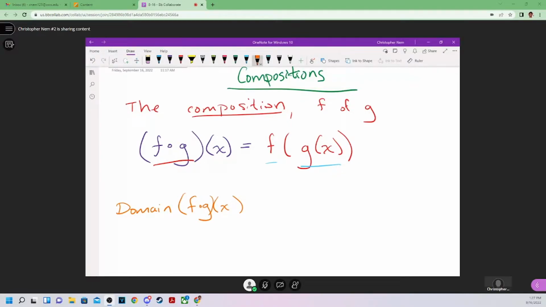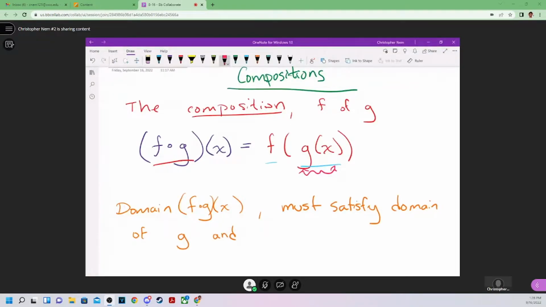Well, the domain of that, we know it needs to satisfy the domain of g, and be careful on this. It has to satisfy the domain of g because g has to be defined because we're using g, we're throwing that inside of f. But notice that my input now is not x for f.